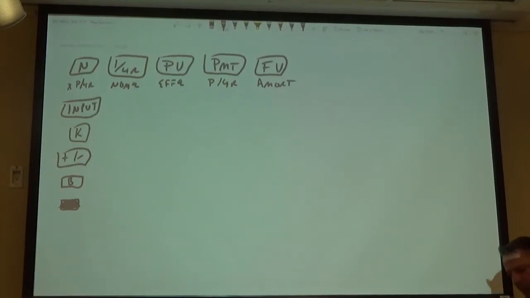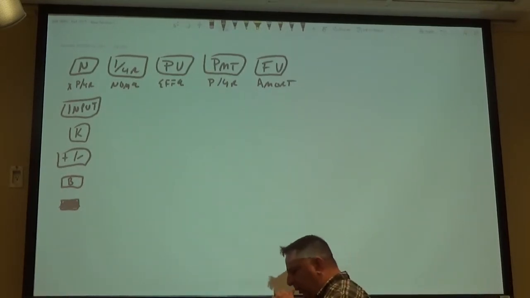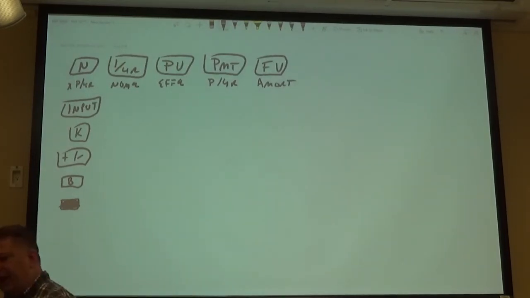So in real estate, unlike traditional finance, we are probably only going to be looking at two different types of loans or payment terms. We're going to be looking at monthly or annual, okay? So it's either going to be one payment per year or 12 payments per year.